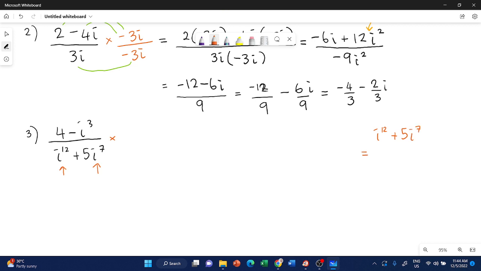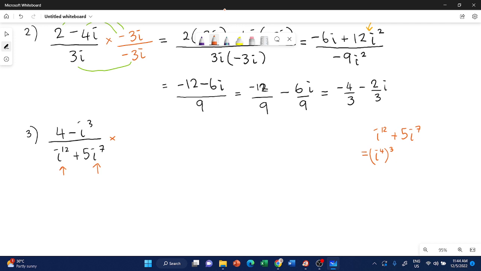Based on what we learned in Saturday's class, how do we reduce this power? Something like this, i power 4 times 3. Remember?